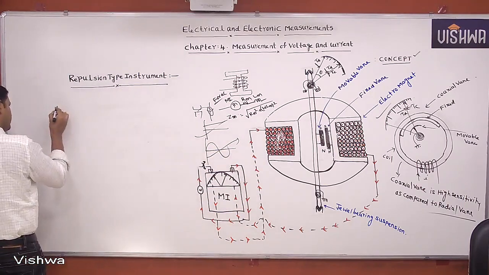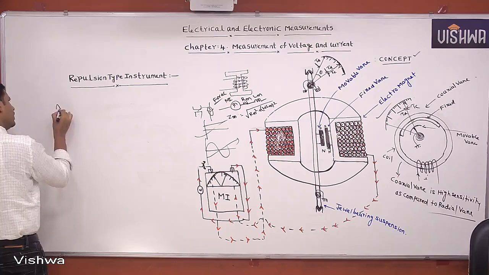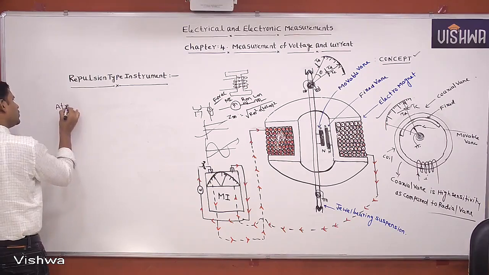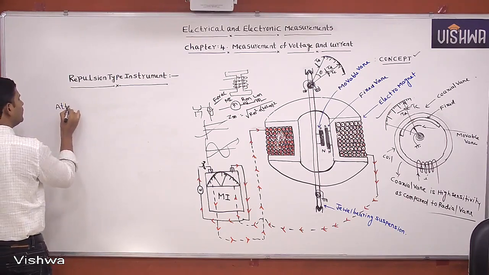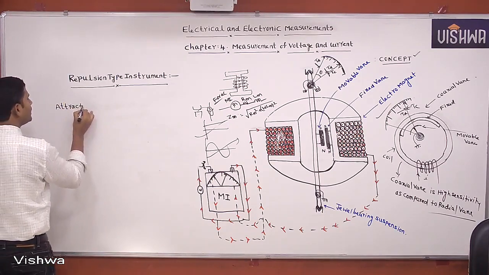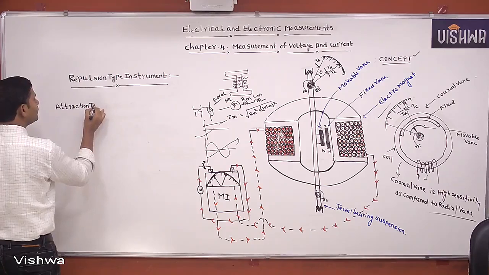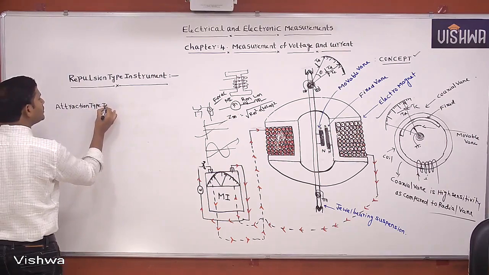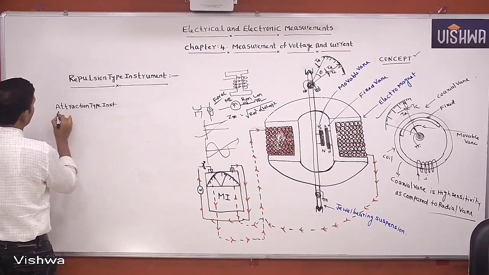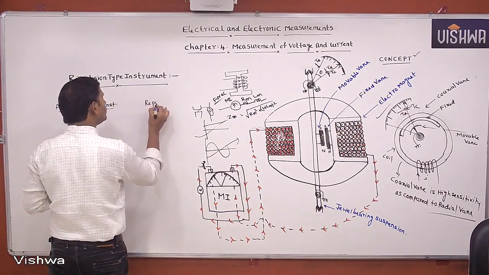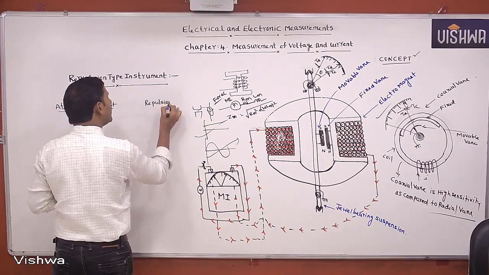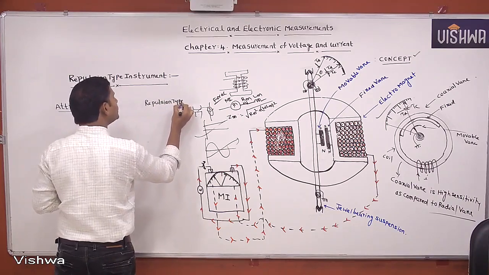On one side you write attraction type instrument, and on the other side you write repulsion type instrument. Important for theory questions.